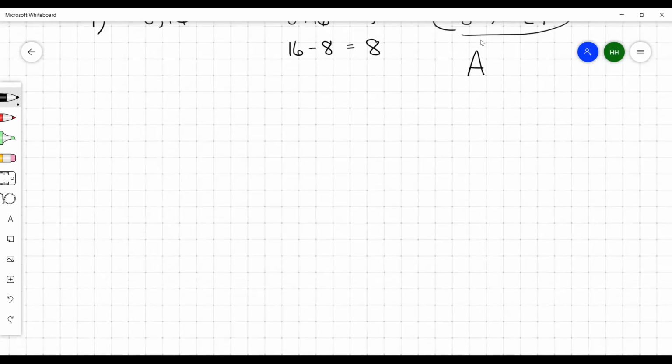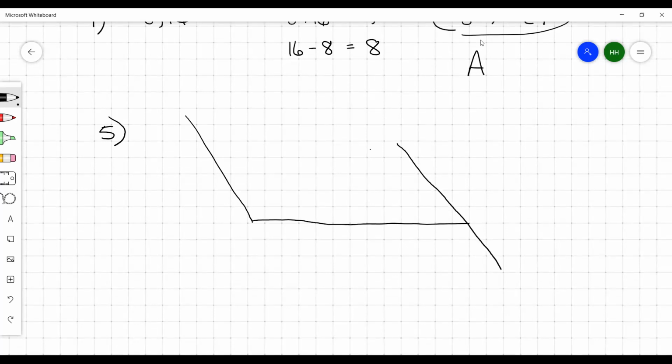Problem number 5. Folding chair can be set at different positions that change the angle formed by its parts as angle 1 increases. So let's see if we can get an idea what's going on here.